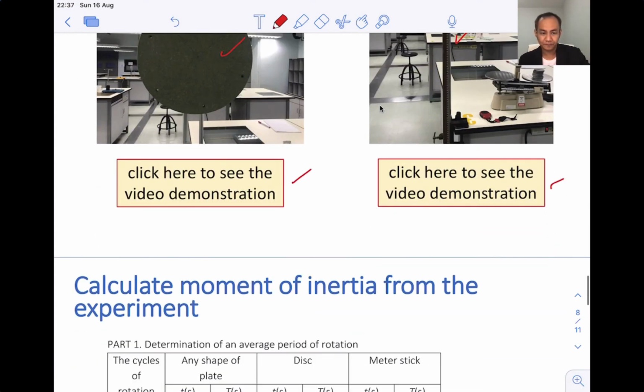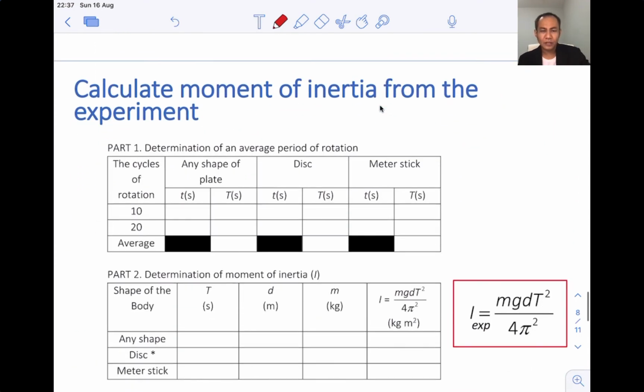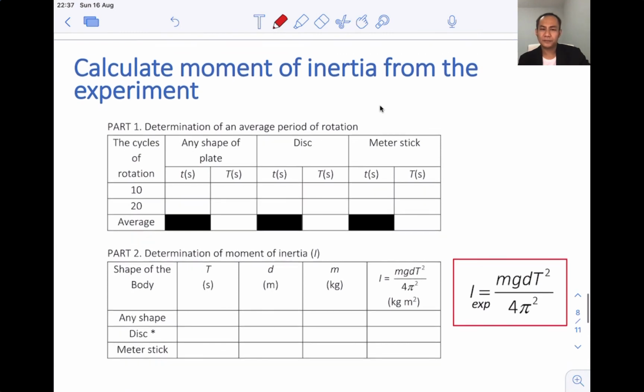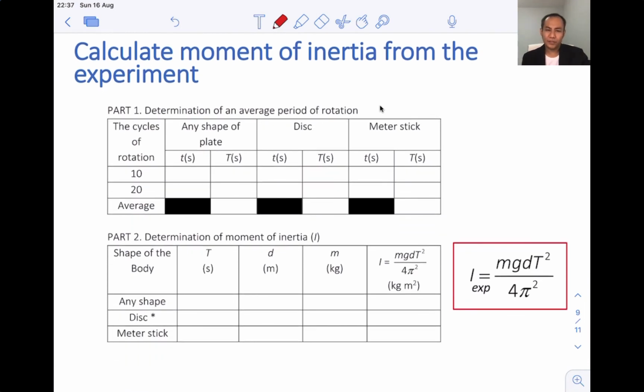Okay, after you get the information, you record the time of the period of rotation using this table.